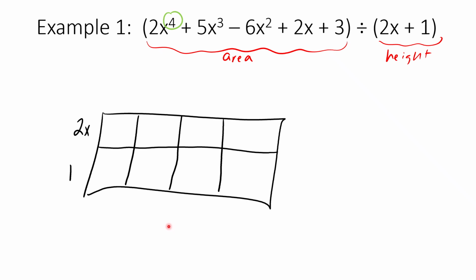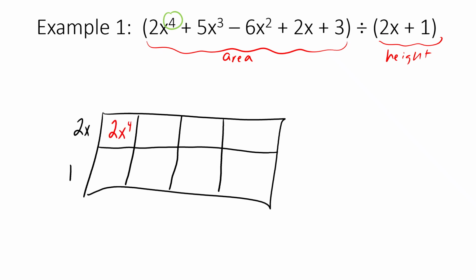So here's how it works. If you are experienced with multiplication on the area model, you know that the term with the highest degree, or with the highest exponent, is in that upper left-hand corner. And you know that because you've done a ton of them. And so what we do is we write the 2x to the 4th in that upper corner.